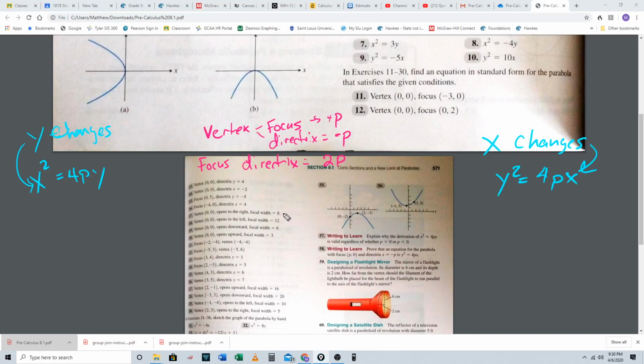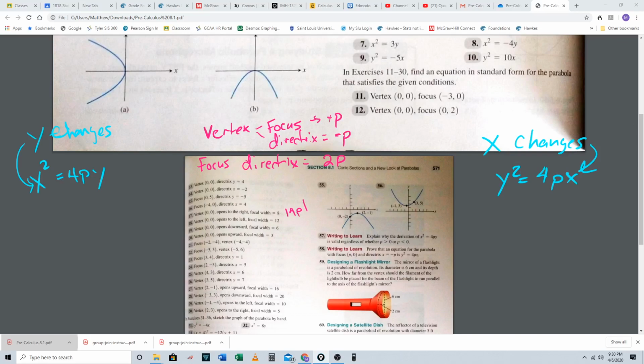And if we're given the focal width we already know to be the absolute value of 4p. So we can find p. All right, the downside is if it says right, p is positive, left p is negative, down p is negative, up p is positive. So you'll have to deal with that. So that's what we're going to do for basically 11 through 19. Let's get started with number 12 because you're doing 11 through 19.